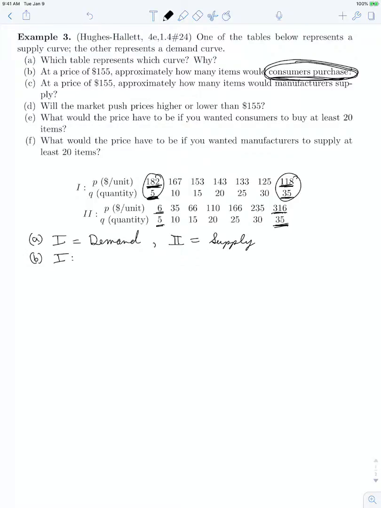We should be looking for a price of 155. It's not listed exactly on the table, so we'll be reading between some values. It looks like 155 would be right there between 153 and 167. And so the quantity would be somewhere between 10 and 15. I'll say about 14.